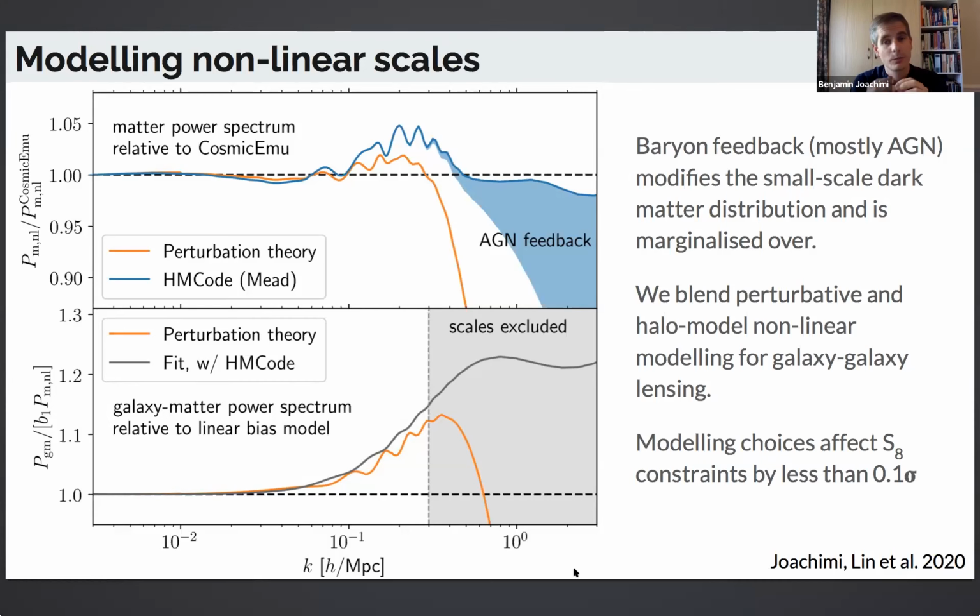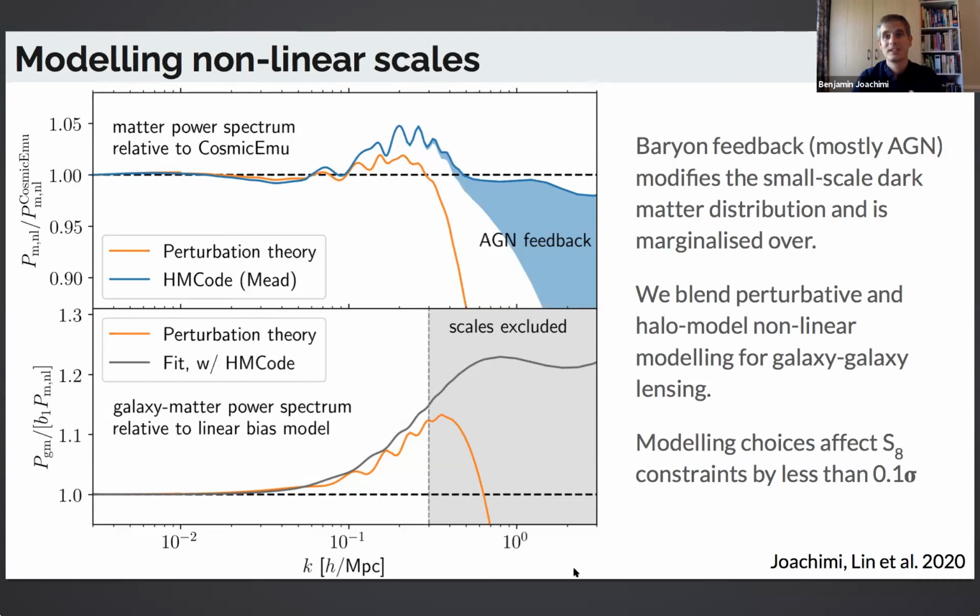You see it agrees quite well with the perturbation theory power spectrum that we use for the galaxy clustering, that's shown in orange, and also with the widely known CosmicEmu emulated power spectrum, that is the normalization here. And it's accurate to a few percent. Note that CosmicEmu itself also has a few percent statistical uncertainty in there.